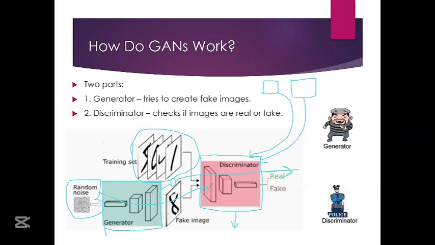Then it is checked with the discriminator, based on the training it has done with the live data, whether this one is correct or not. If it is correct, then it passes. If it is not correct, then it will not pass, right? This is how, in a simple way, GAN is working.